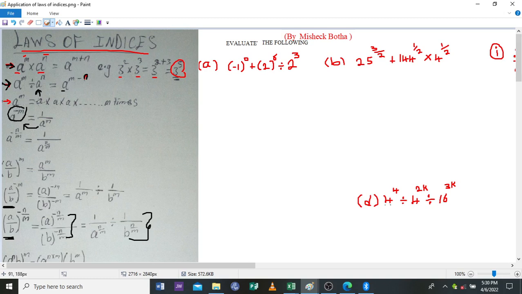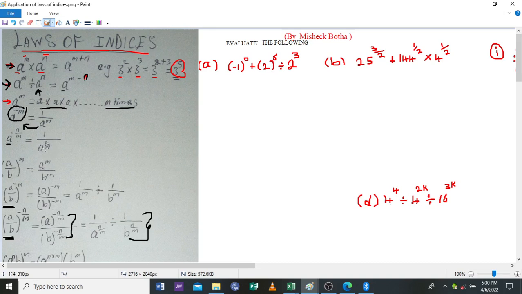If a number is raised to the power, it means it has to be multiplied as many times as that power. Then if we have a number which is a base raised to a fractional power, and that fraction is negative, this can be written as 1 over that base to the power n over m.